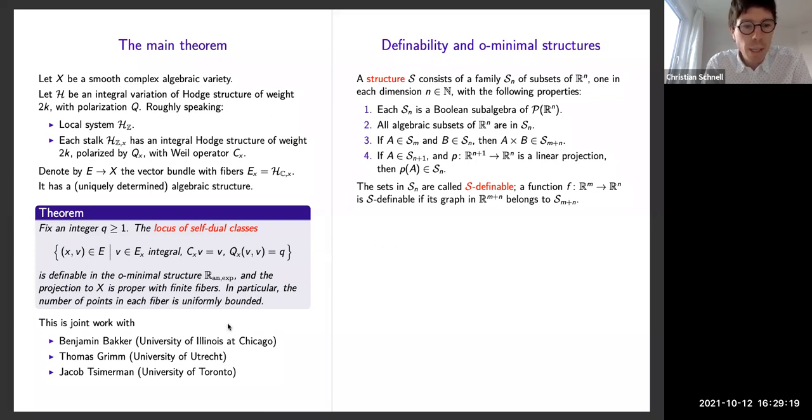And then more recently, starting with work by Klingler and also Bakker and Tsimerman, they discovered that Hodge theory works well with these o-minimal structures. There's a nice Bourbaki talk by Fresán about Hodge theory and o-minimality. And there's also a collection of lecture notes by Bakker from lectures he gave at the Hausdorff Institute a couple of years ago. If you want to do any reading about this, those would be two good sources.